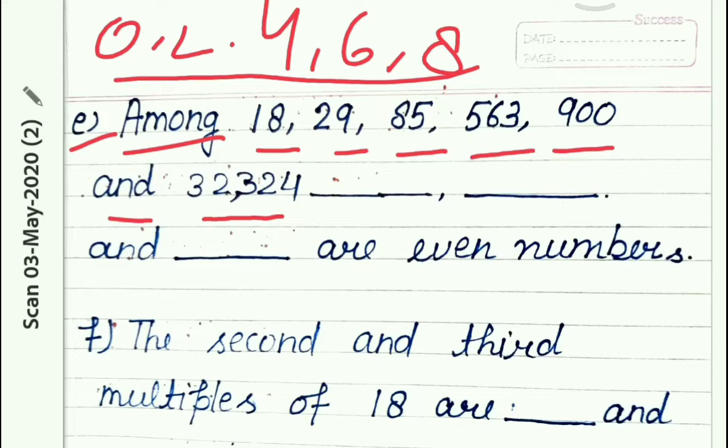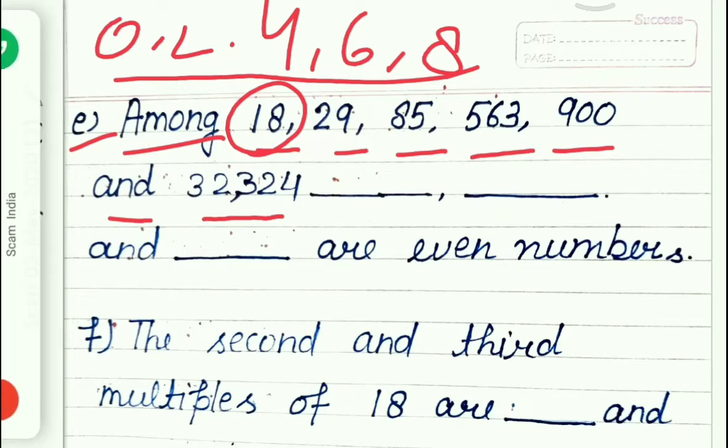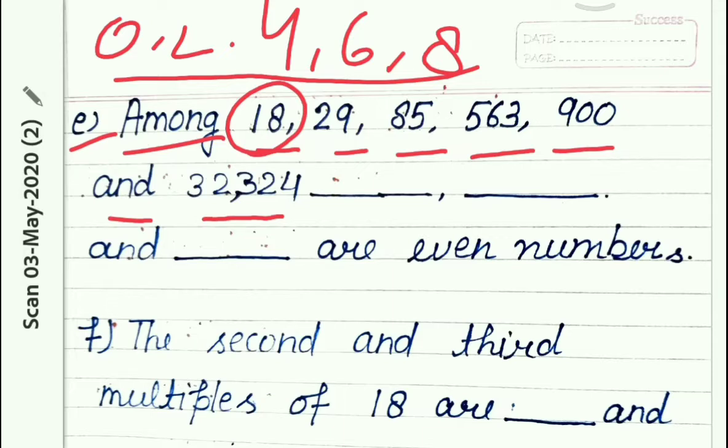So here see, 18, it is divisible by 2 and the last ending digit is 8, so it is an even number. Next, 29, it is not divisible by 2 and the last ending digit is 9. Next, 85, last ending digit 5 and not divisible by 2, so it is an odd number. 563 is also an odd number because the last digit is not 0, 2, 4, 6, 8 and it is not divisible by 2.